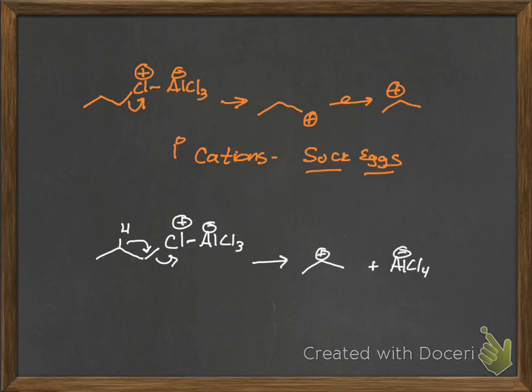Now, I'll be honest with you. If you're thinking that looks like bullshit, I happen to agree with you. I think it is bullshit. I am not convinced that this is how it works. But it does happen. So, like all mechanisms, this is a best guess. But this is one that I think what happens is this occurs in ways that we cannot quite understand.